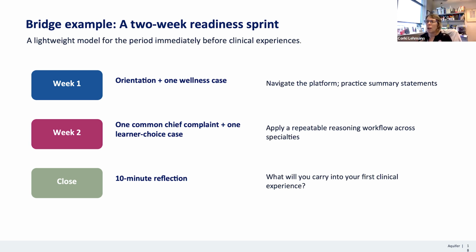So one thing they could take away from that practice is sorting out pertinent positives and negatives to be ready to make those calls. And you can consider making other reflection prompts for the students about how are you going to navigate documenting the information, or how did you put all that together? What was your scaffolding? What are some mnemonics you can use to help you stay organized in the clinical setting?